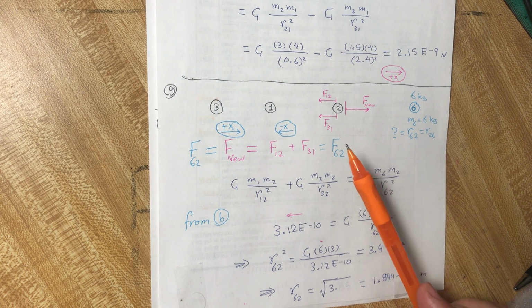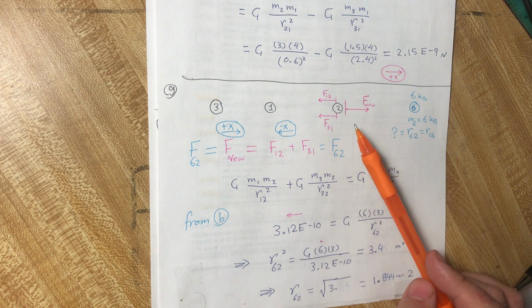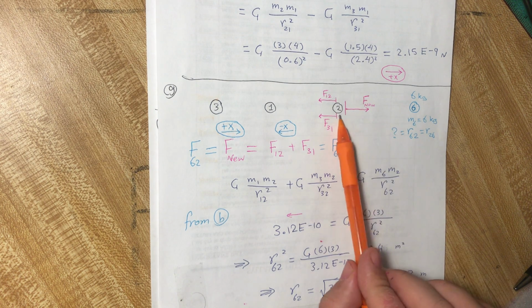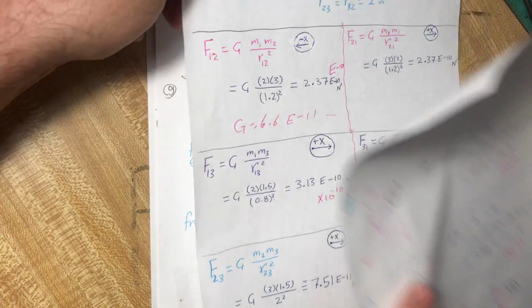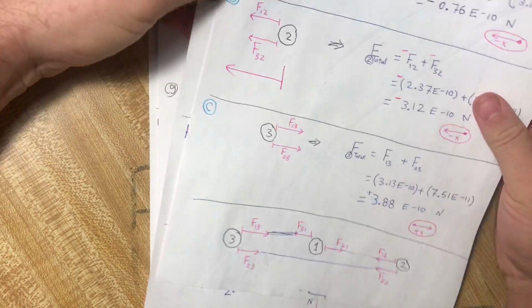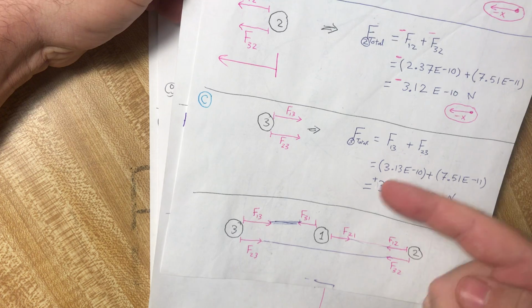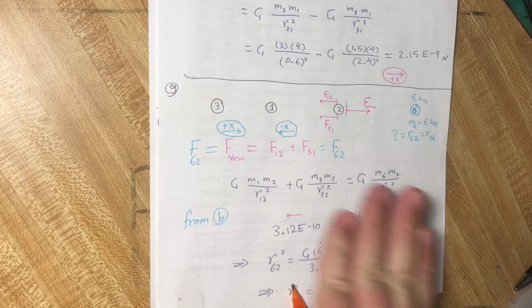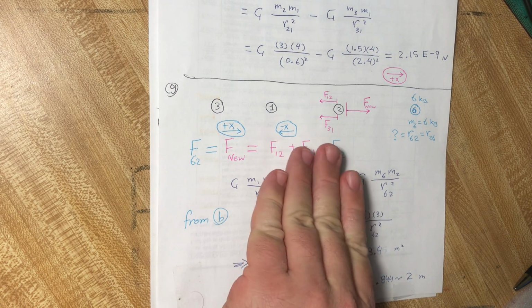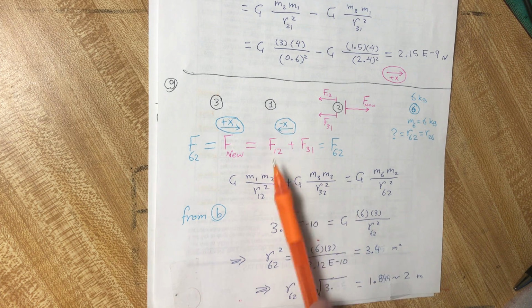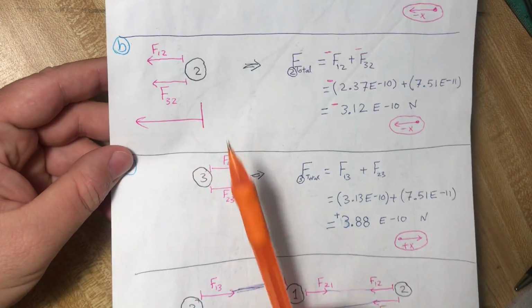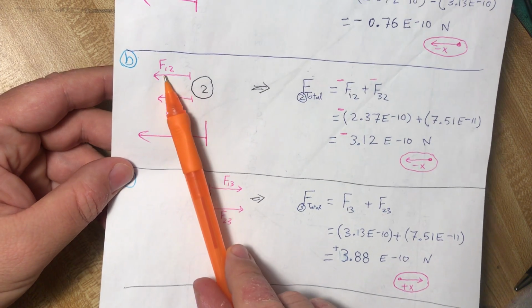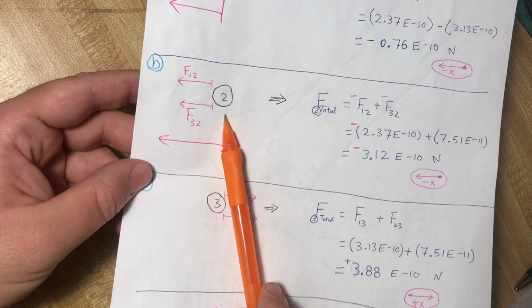And we now have the original example, which is in the first part. We have the original one, A, B, C. We don't have any changes in the displacements or in the magnitudes of the masses. Now we have the forces from the first and the third objects on the second body.